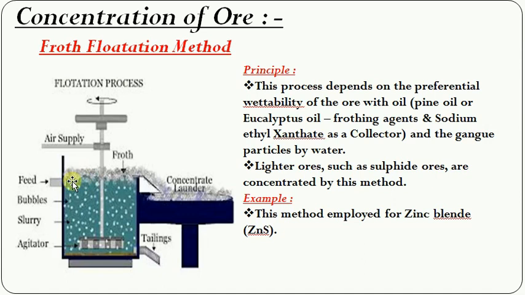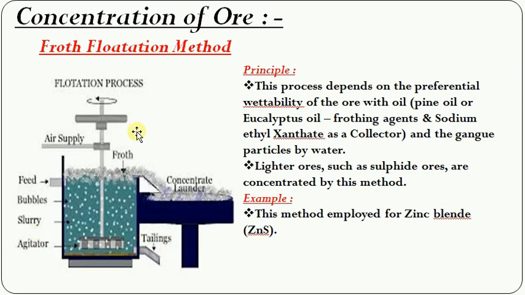So the bubbles are created at the top of the water, so it can be skimmed off to the next container to remove the sulfide ore alone by another treatment, whereas the heavier particles such as gangue wet by water will quickly settle down at the bottom of the tank. We can easily remove with a separate opening called tailings. So this is a major idea, my dear children.